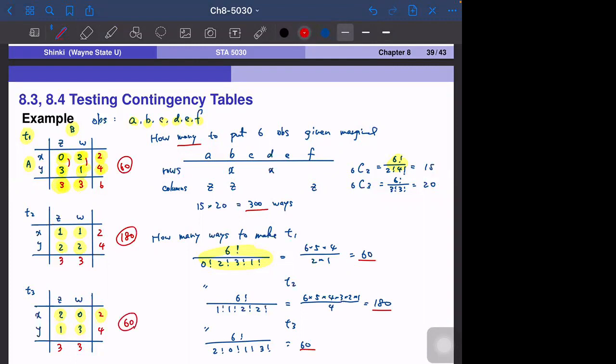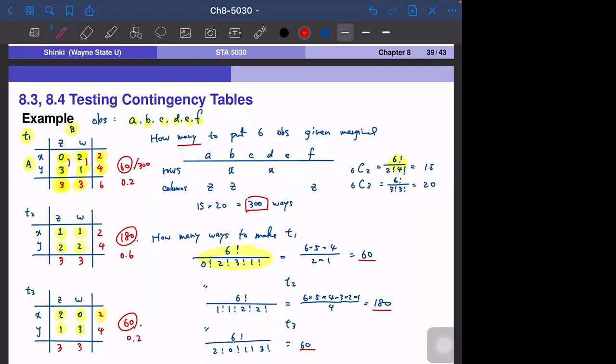So now we can calculate the probability. In total, we have 300 ways, the 60 plus 180 plus 60. And the first one is 60 over 300, so the probability is 0.2. This one is 180 over 300, so 0.6. And this is 0.2.